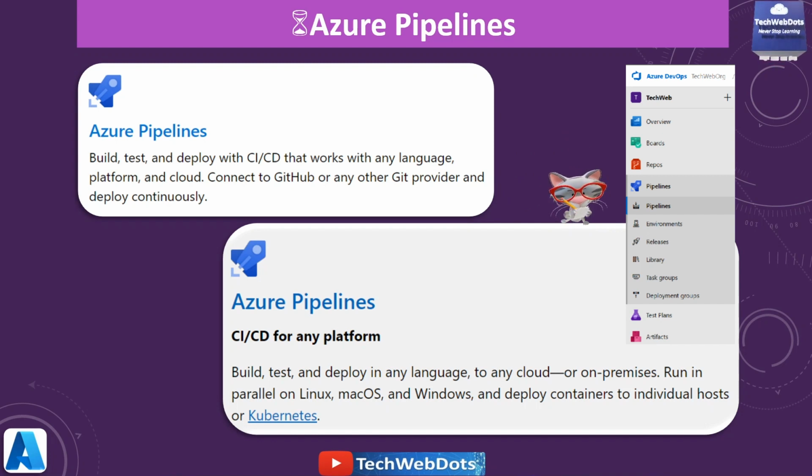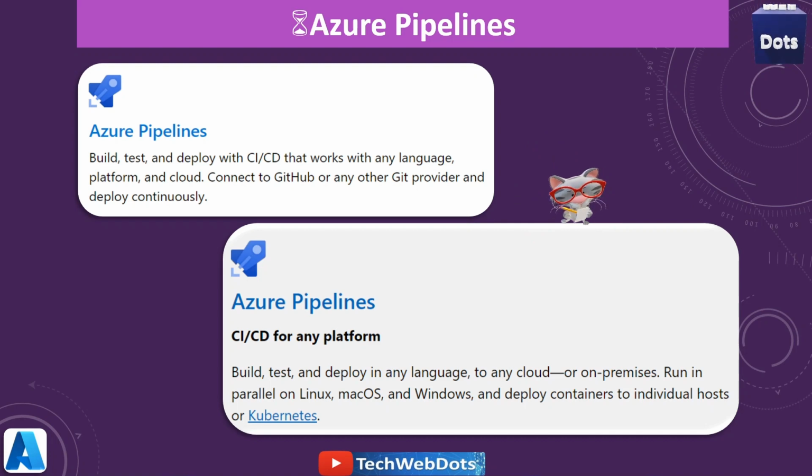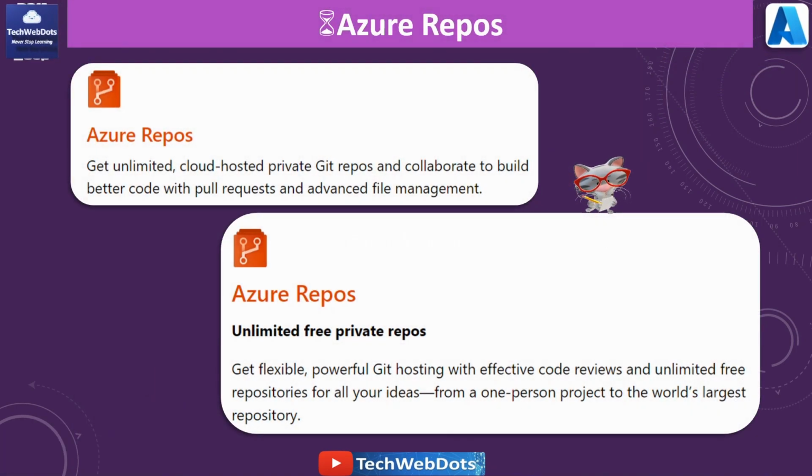So you can see it covers almost every part, whether it is cloud modernization or any kind of project, any kind of repo. So it easily fits into that chain as well. So this is very powerful. I will showcase in my upcoming videos how we are leveraging continuous integration and continuous deployment with the help of this service.